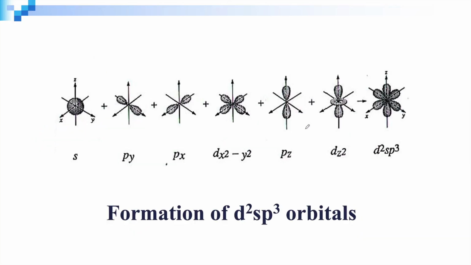Okay, the 5 types of d orbitals. And then this is also an example for the formation of d2sp3. What happened here? This is overlapping between the orbitals s, px, py, and pz, and then also dx2 minus y2 and dz squared.